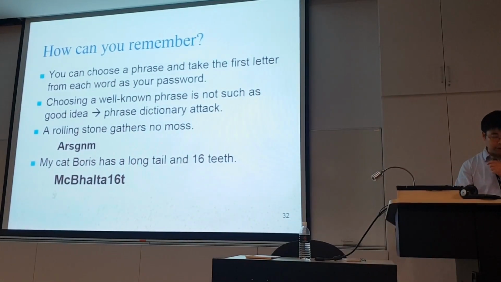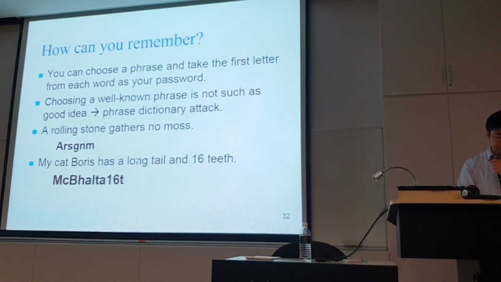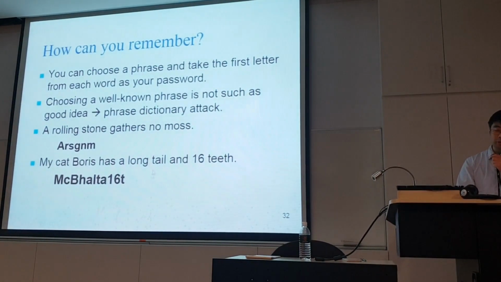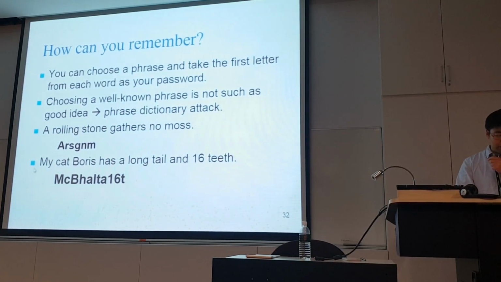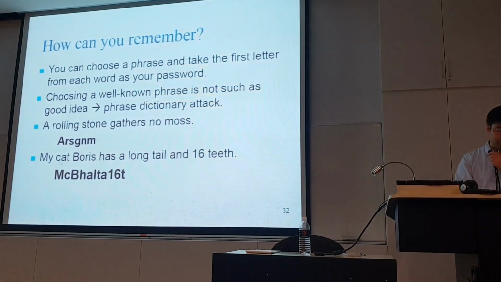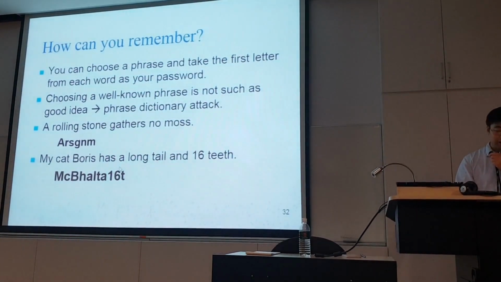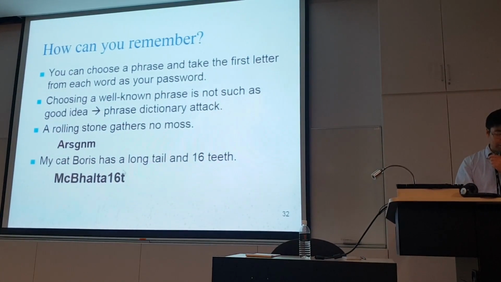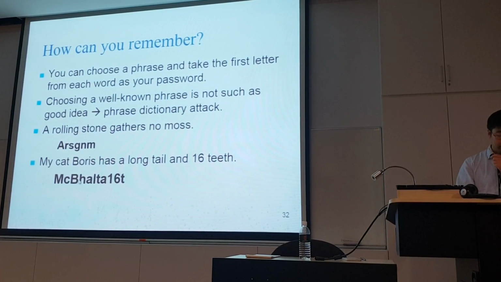One example is you can choose a sentence. For example, this is a sentence chosen by you. If you use the whole thing, it may be too long, but you can choose the first character of each word and put them together. In addition, you can also make some changes.